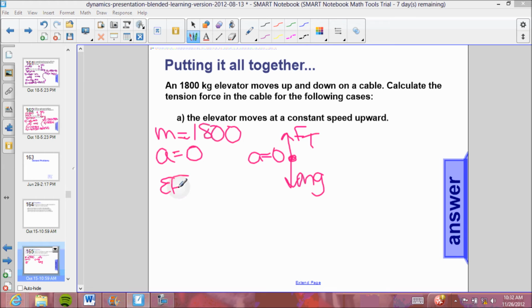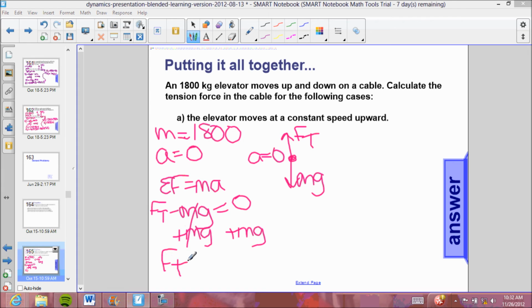So same as before, sigma F equals ma. And we would do Ft minus mg for our sum of forces equals 0 because our ma is going to be 0. We get our Ft by itself, and they're equal to each other.